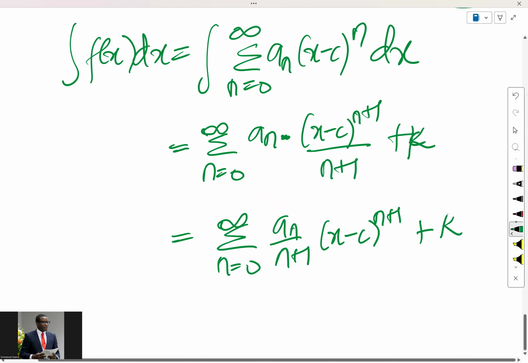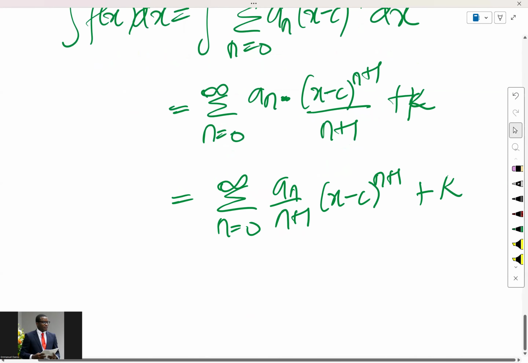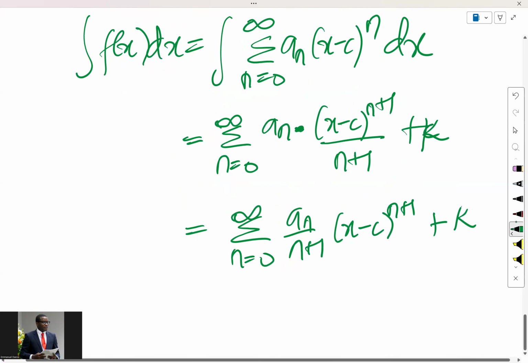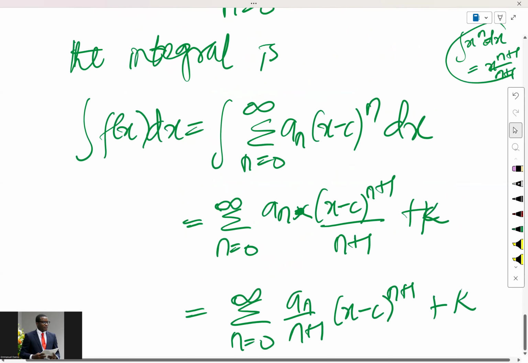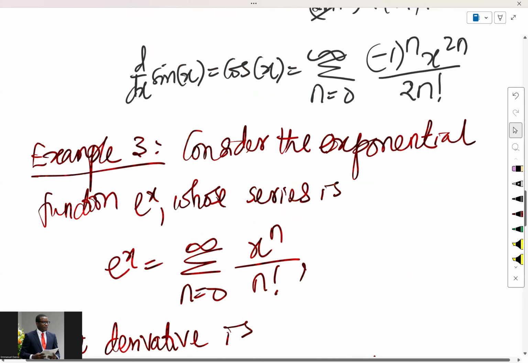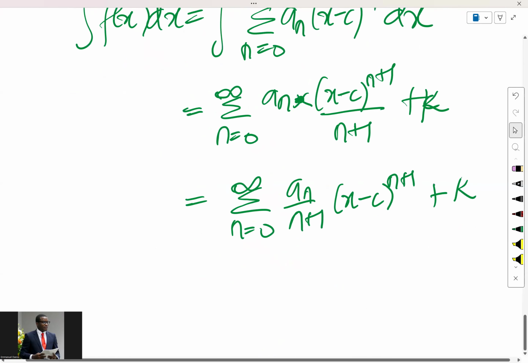Let's call that k to avoid confusion. So that's what we have generally for integration. This is multiplication in case it looks confusing. Sometimes I just use a dot for multiplication. So be sure that you understand that.